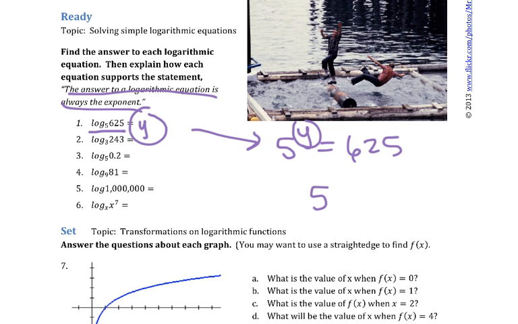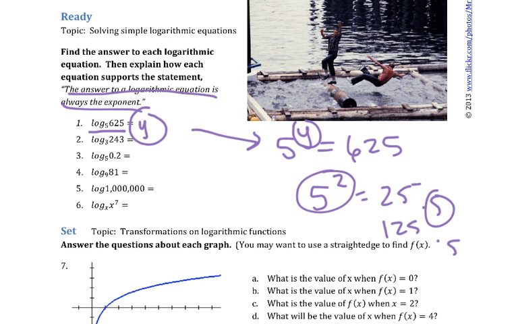So 5 squared is 25, times 5 again is 125, times 5 again, so 2, 3, 4. So the answer would be to the fourth, or 4. Okay, for number 2, we'd go 3 to the y equals 243.